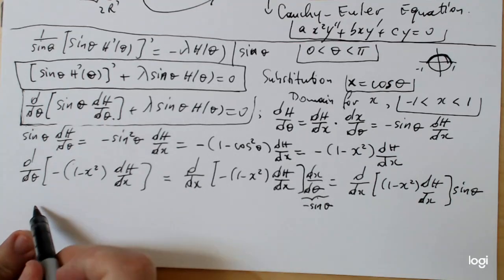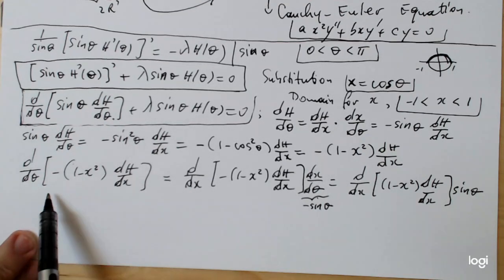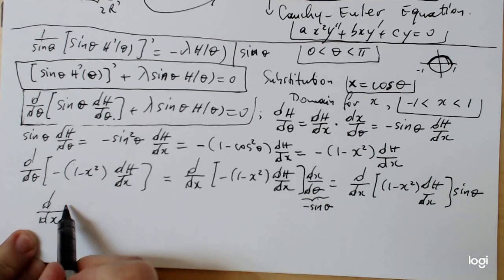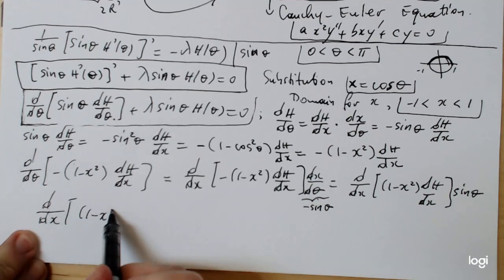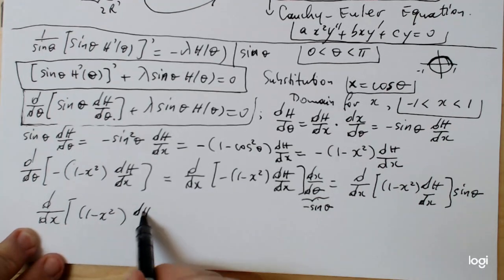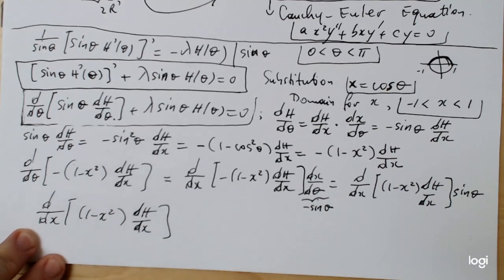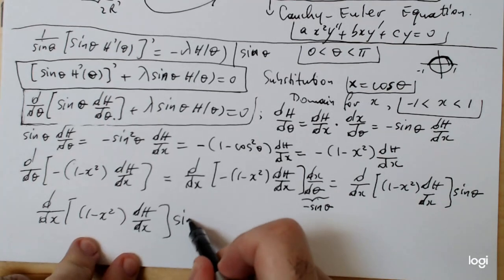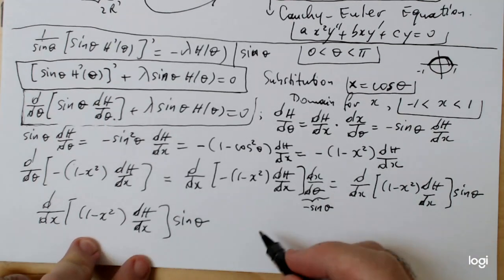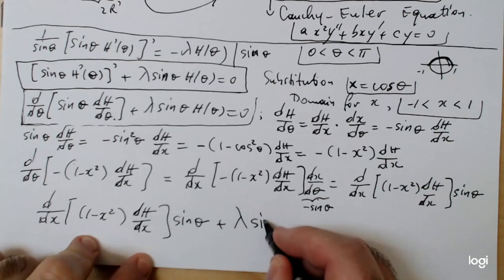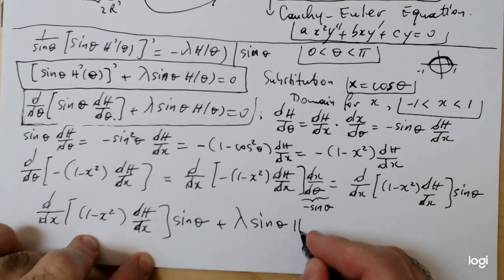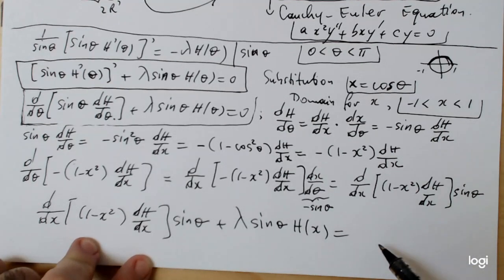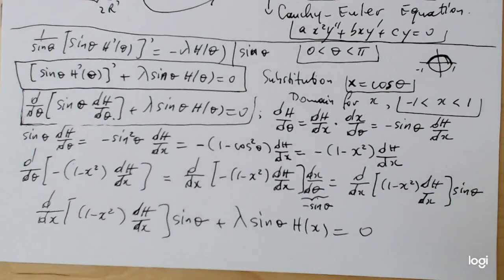So when I replace this with this, we're going to have the derivative with respect to x of 1 minus x squared dh dx, and sine of theta on the outside, plus lambda sine of theta big H of x, where we now think of big H as a function of x, equals 0.